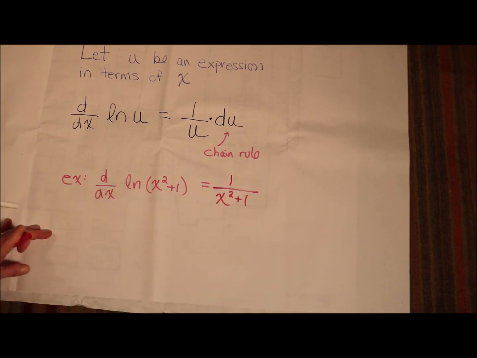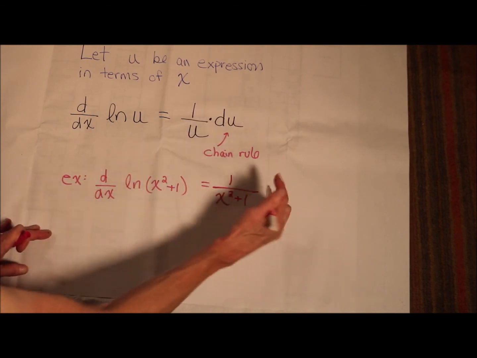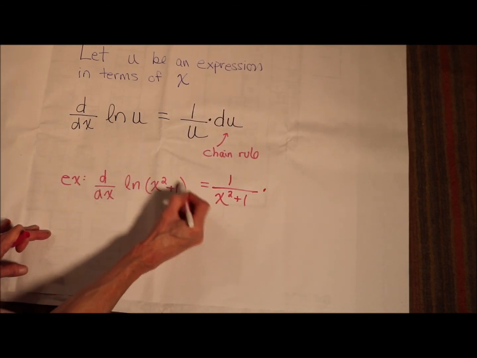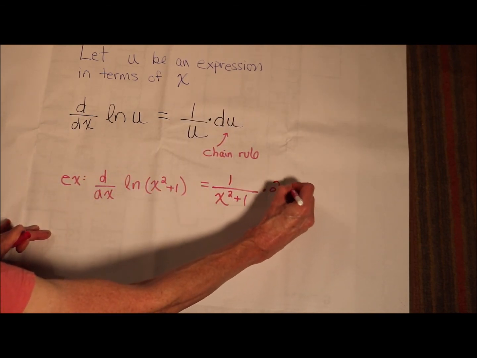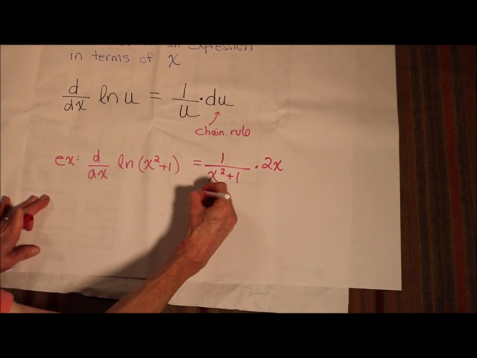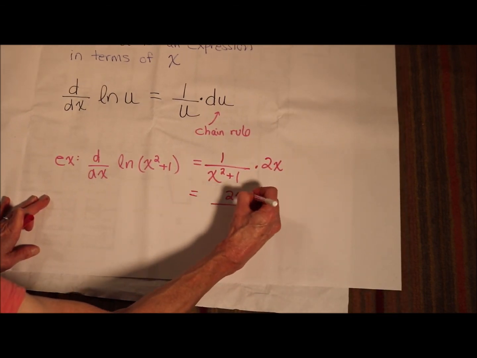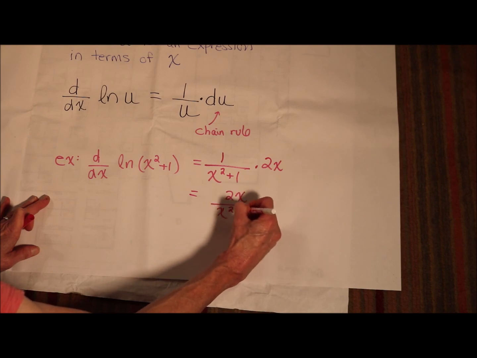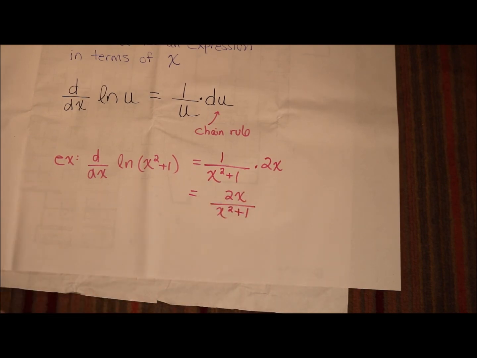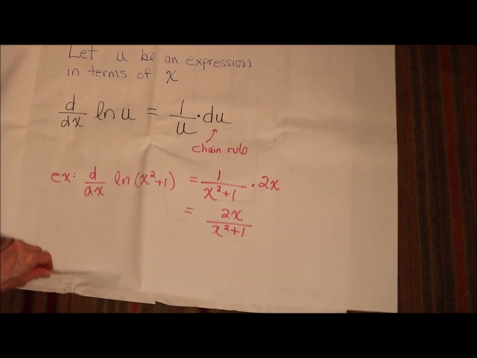That's what we just discovered. And then times the chain rule, times the derivative of the inside, which is 2x. And then we could simplify this, of course, just by saying that's 2x divided by x squared plus 1. Okay, that's not too bad, is it? That's not too bad. Let's do some examples.